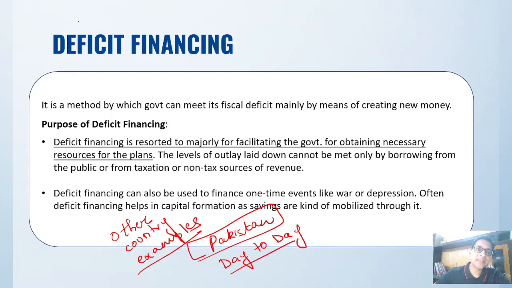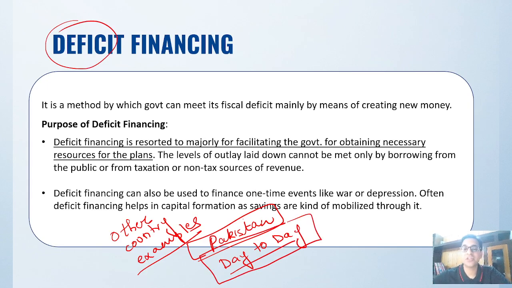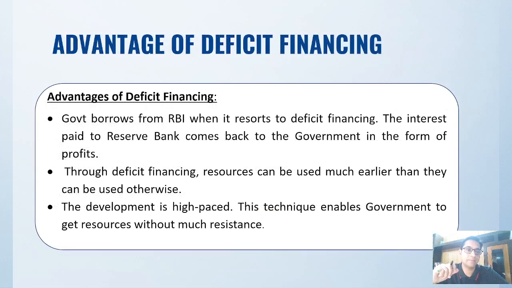Even if they do any kind of deficit financing, it will not create any asset, because that money will be used for day to day functioning of the government. That is the main issue. Deficit financing has to be used for creation of capital or resources which can generate money.